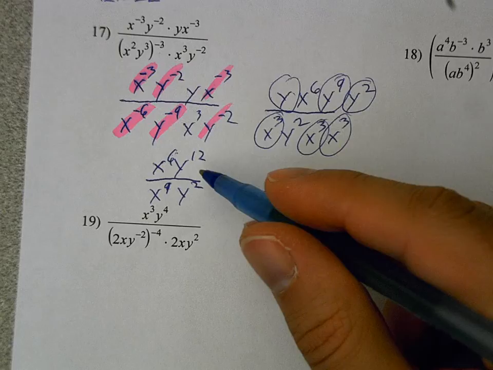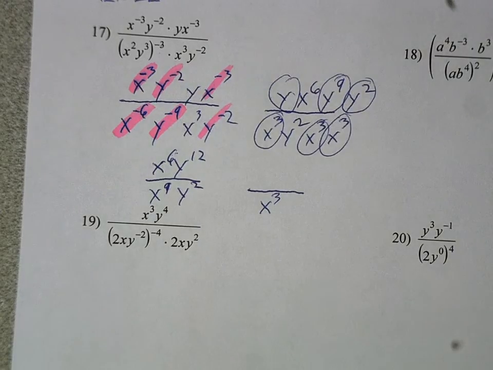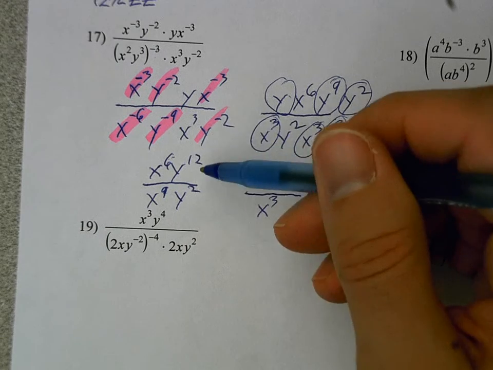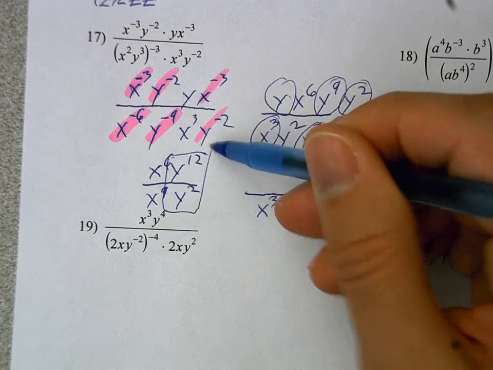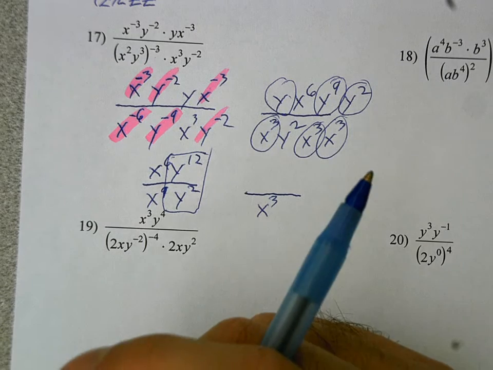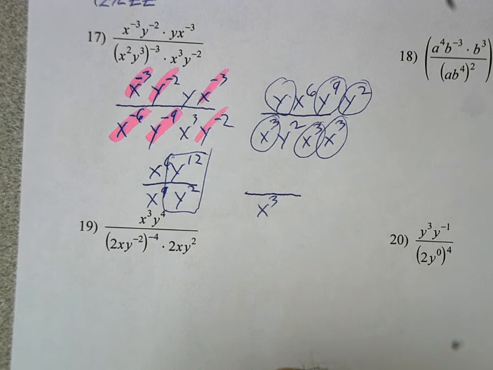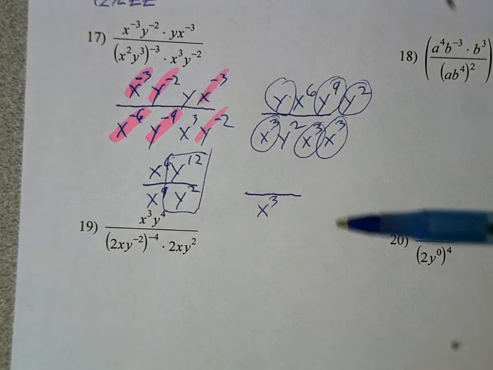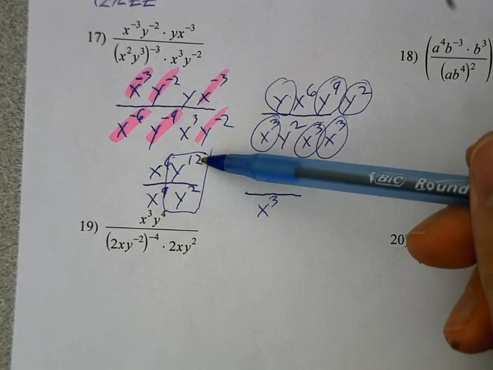How about the y's? Christian, what can we do with the y's? So right now they're all positive. I have 12 on the top, 2 on the bottom. When I cancel those out, how many are going to be left? Try again. 12 minus 2, 10.